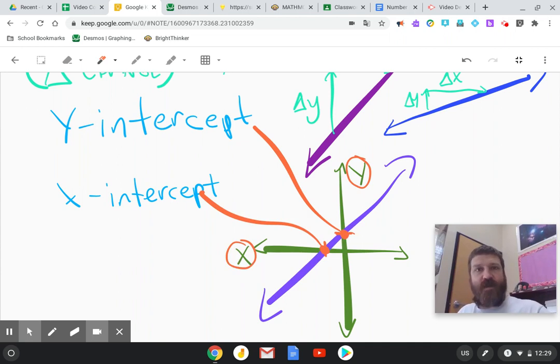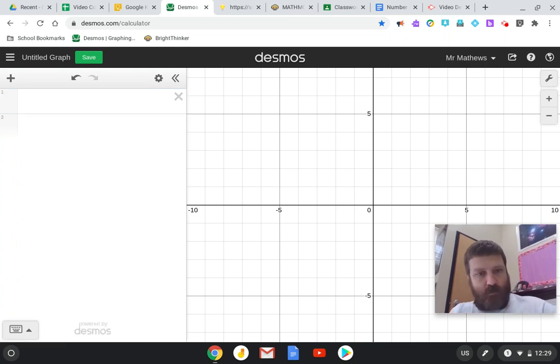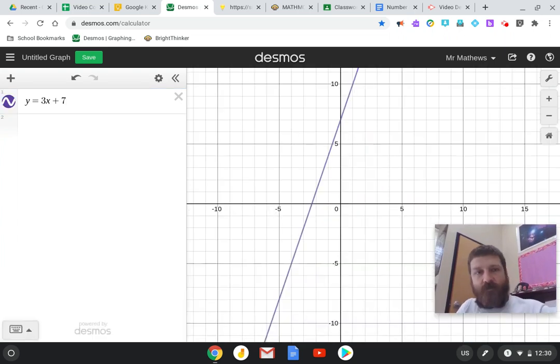So what's nice is that all of this can be found really easily on a graph. If I graph the function y equals 3x plus 7, and I look at this graph, I can easily find my x and y-intercept.